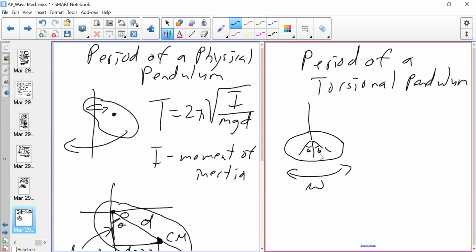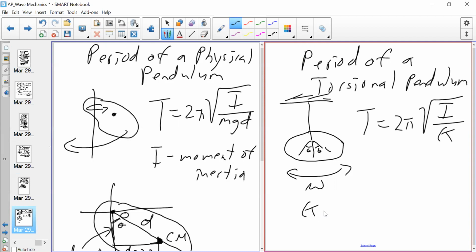And the formula is 2 pi square root of moment of inertia over kappa, where kappa is some torsional constant, similar to the spring constant of a spring.